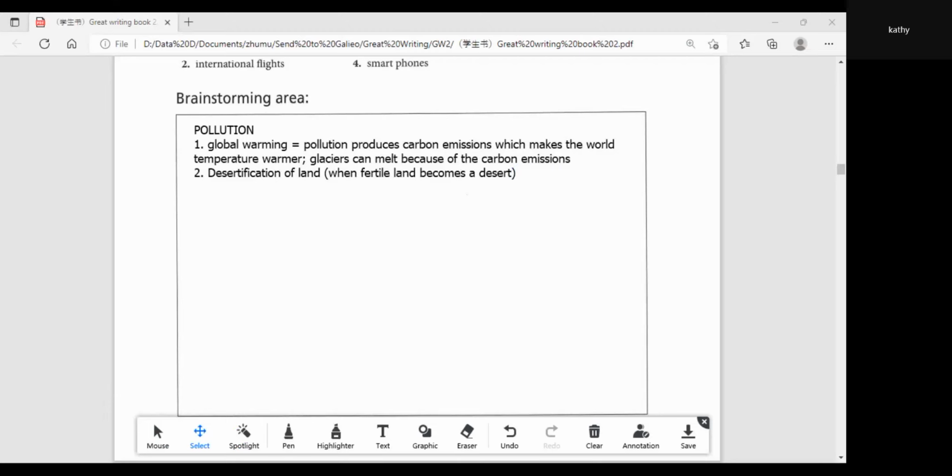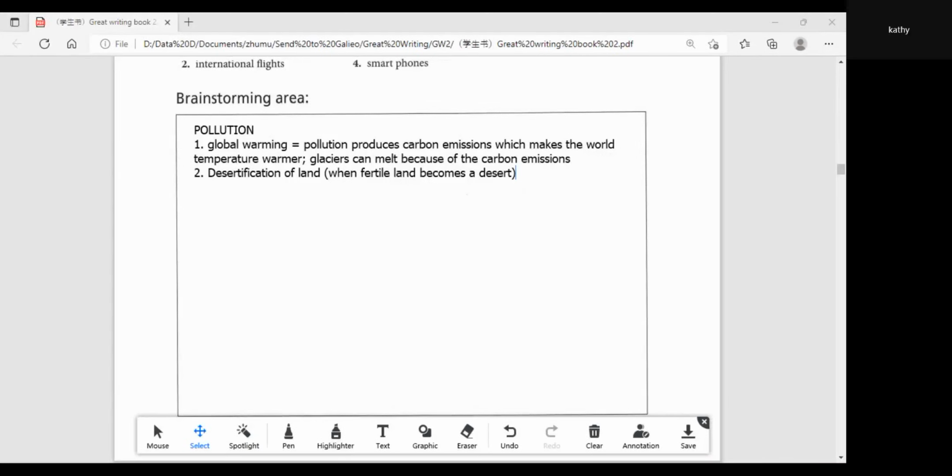Okay, yeah, I agree. This is one of the ways we can destroy the environment. But how would you connect that to pollution, for example? How would pollution make fertile land become a desert?